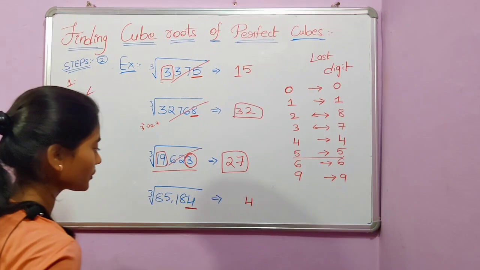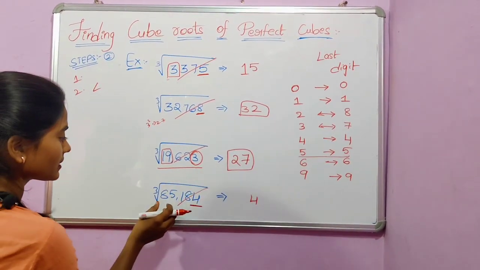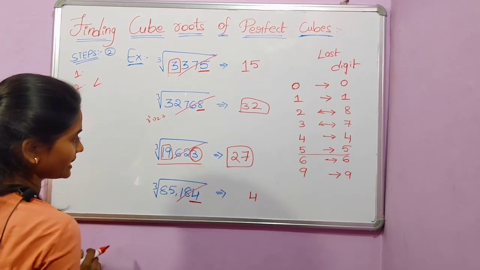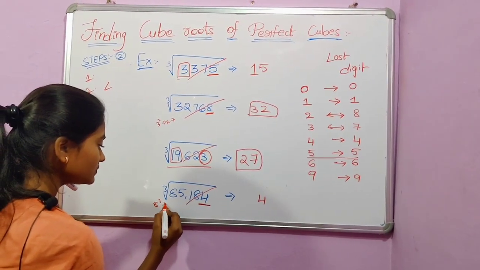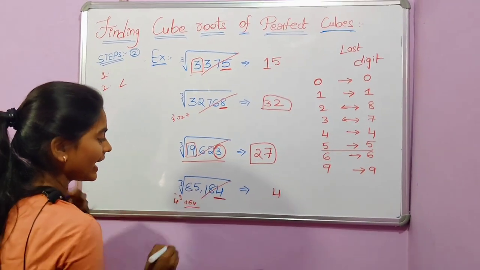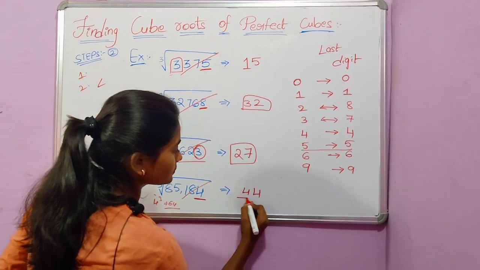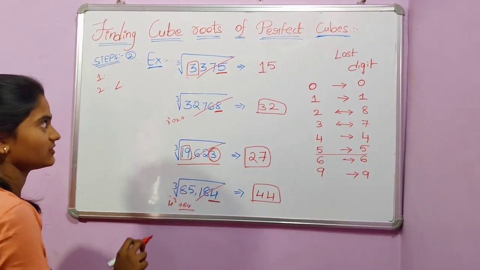In the case of 4. And now strike off 3 digits and find the perfect cube less than 85. Less than 85 means it is 8 cube. Sorry, 4 cube. 4 cube, it will be 64. It is less than 85. So write 4. So 44 cube will be 85,184.